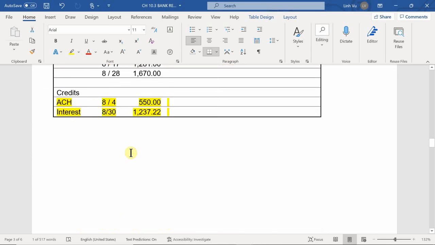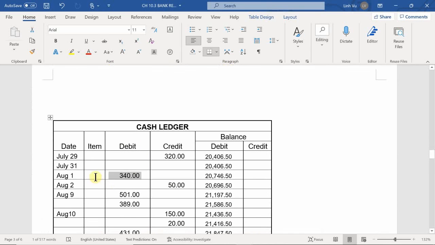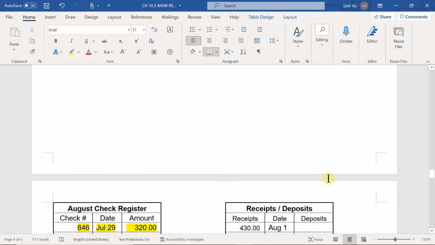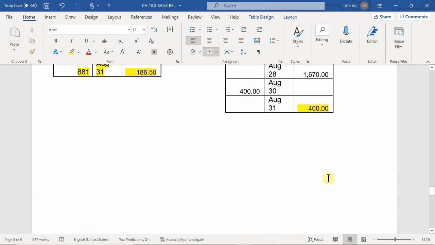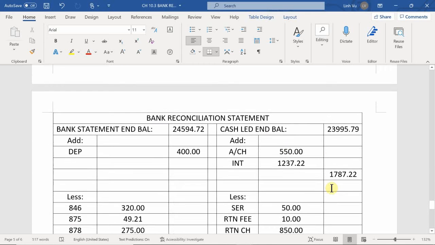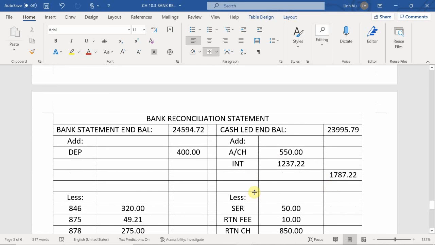Adding it, because you made your mistake here by putting $90 less. You need to increase your check ledger because you wrote it in for the wrong amount. The bank already knows because it cleared for the correct amount, but on your side, you need to add that money back in.